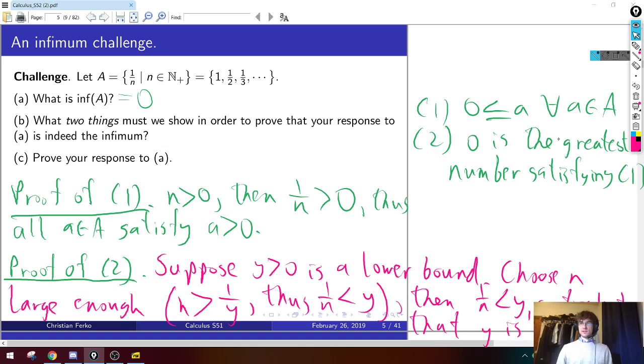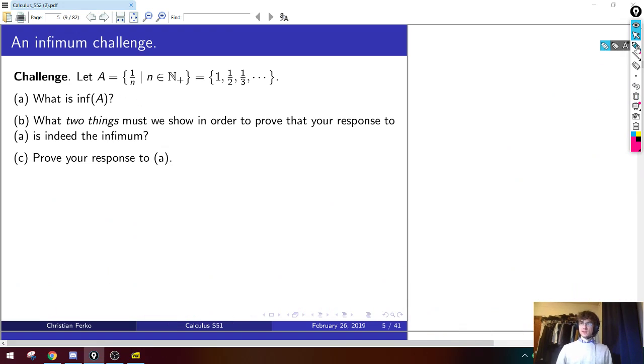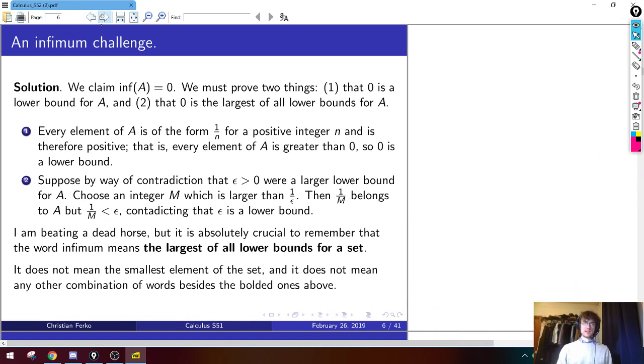Okay, good. This one's a pretty simple exercise, but it's important to remember these two properties that are kind of the key definition. So indeed, as you said, the infimum is 0. We have to prove it's a lower bound, which is easy because every element is 1 over a positive integer, and 1 over a positive integer is still positive, which means it's greater than 0.